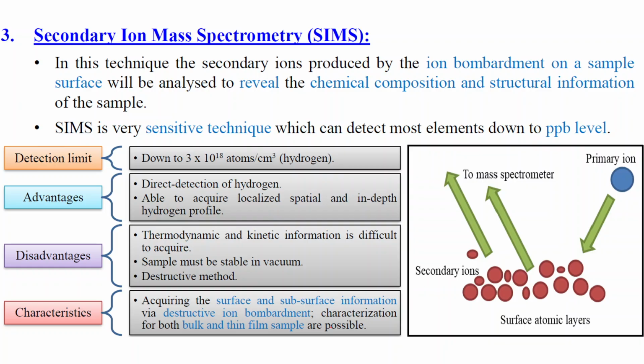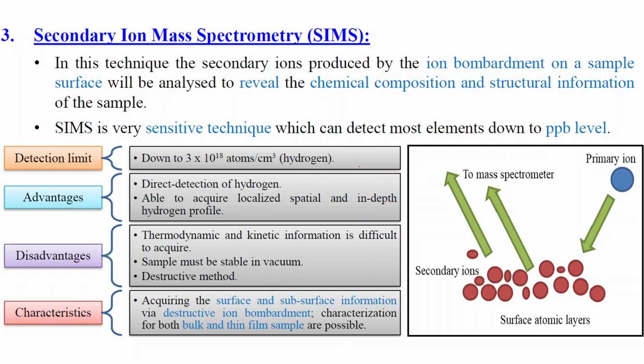Coming on to secondary ion mass spectrometry. In this technique, the secondary ions produced by ion bombardment on a sample surface are analyzed to reveal the chemical composition and structural information.